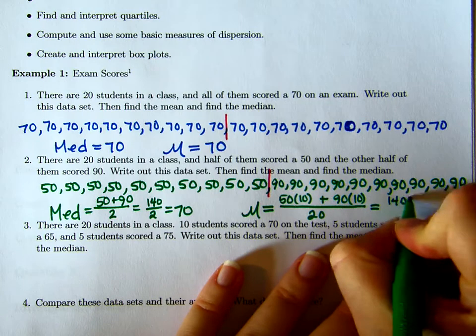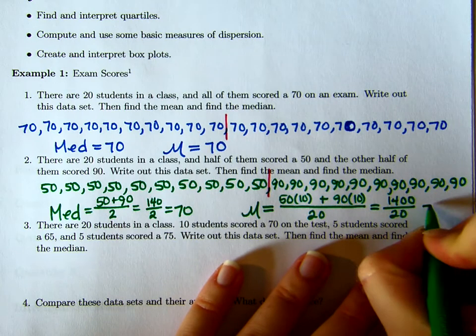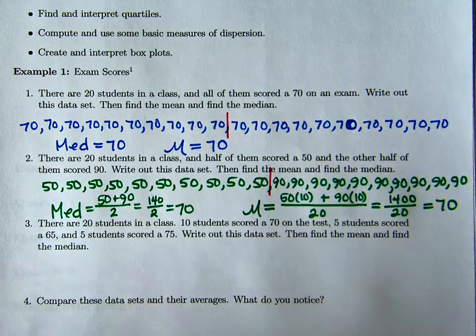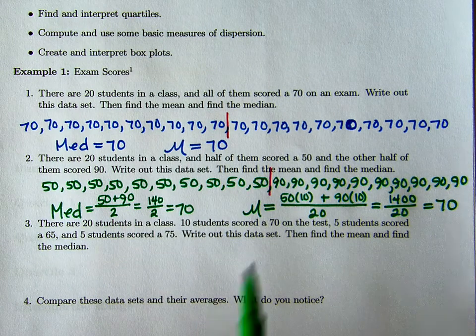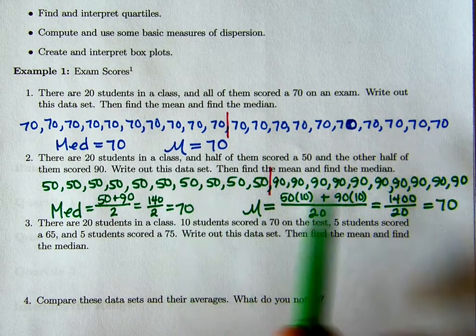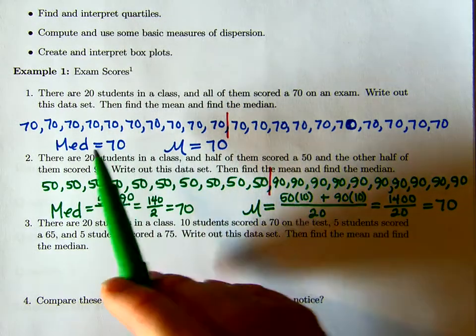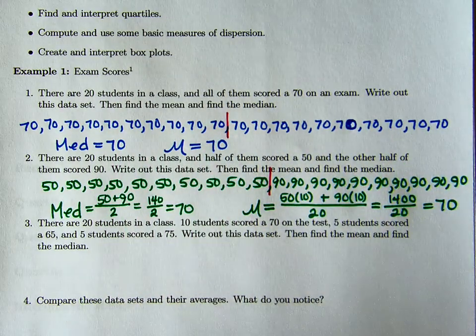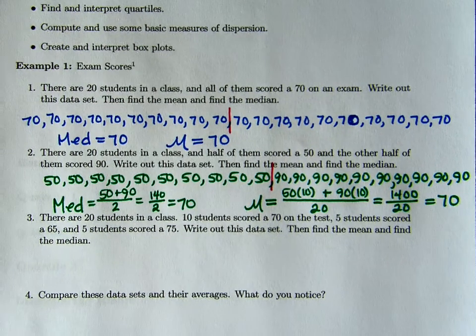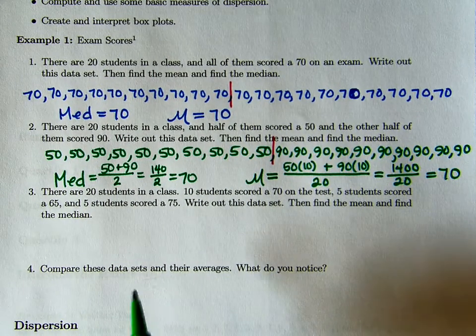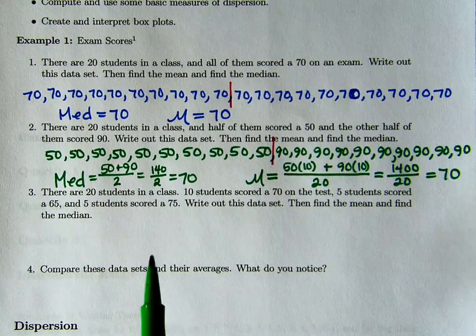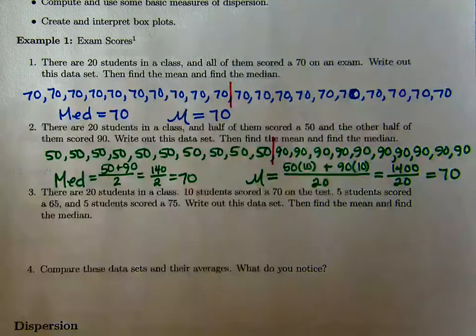So 1400 divided by 20. Oh, look at that. 70. Okay, so the median average is a 70 and the mean average is a 70. And up here in this class, the median average was a 70 and the mean was a 70. Now let's look at it again. Oh, look, I'm already doing this without even thinking, like, oh, look, they match.